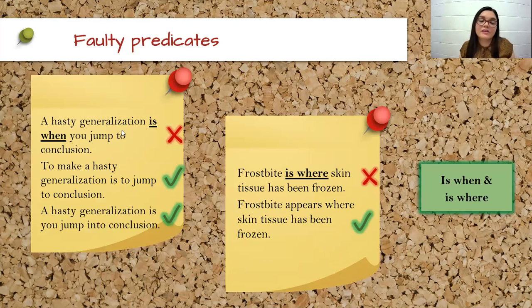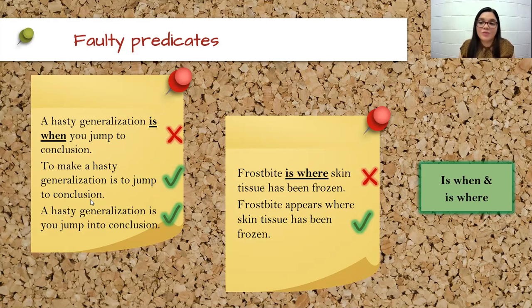A hasty generalization is when you jump to a conclusion. After a linking verb, we should have a subject complement, and subject complements may come in the form of nouns or adjectives, right? Or noun equivalents. But what happens here is that we are making a reader confused because we're saying a hasty generalization is when.